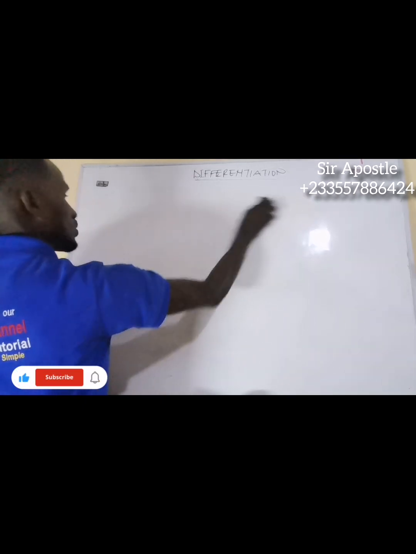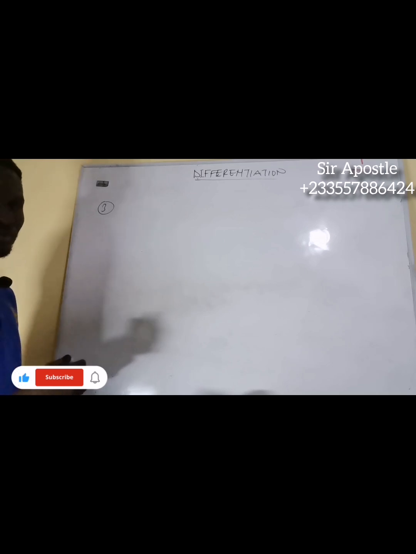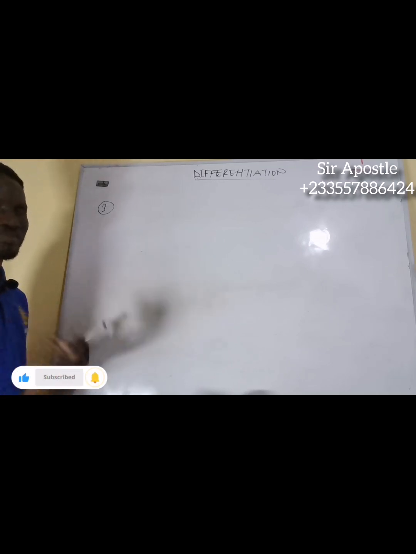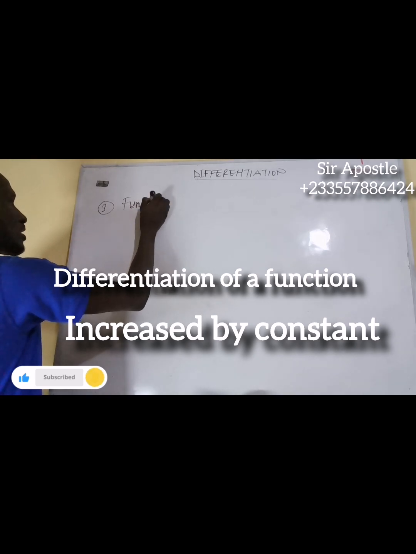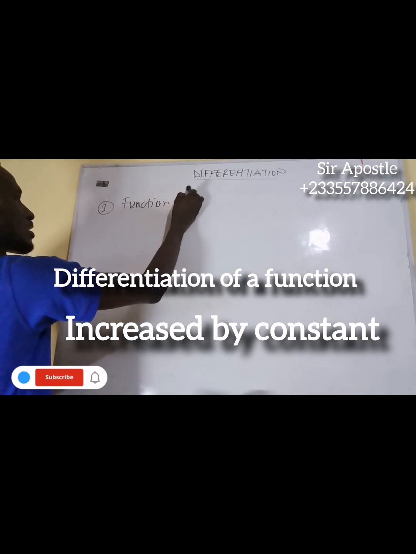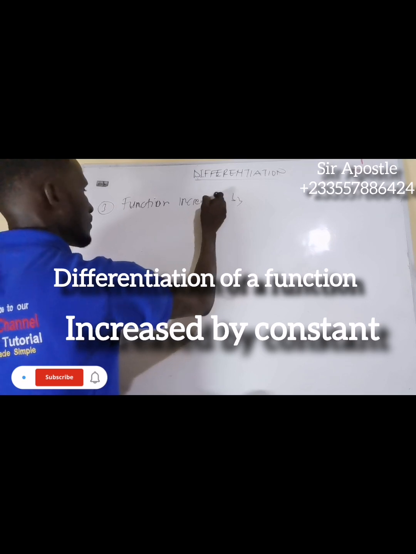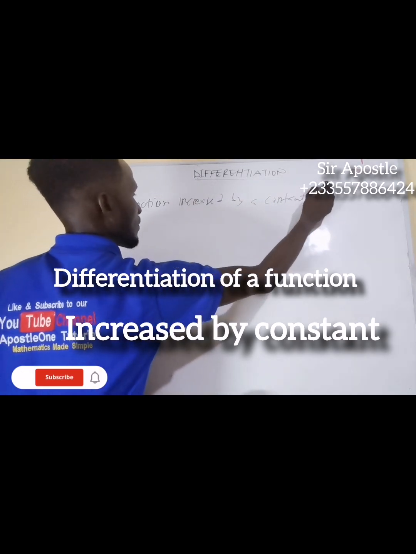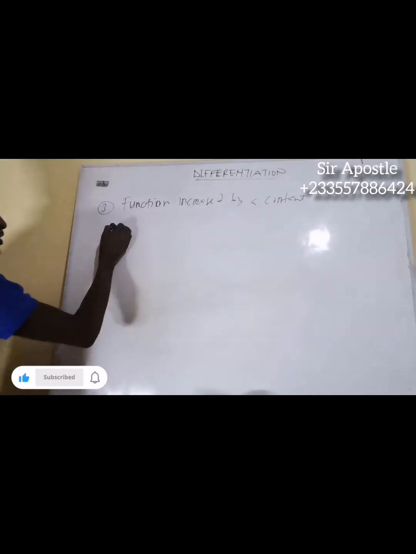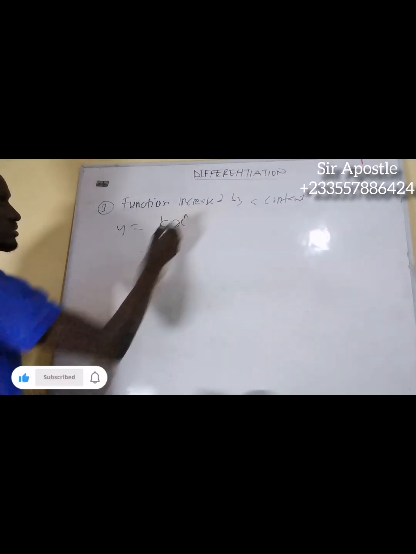Now another thing I want to talk about is differentiating a function multiplied by a constant. For example, y is equal to kx^something.